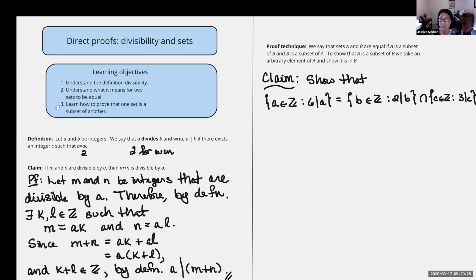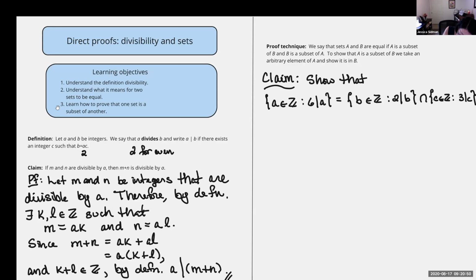And the claim is that the set of integers divisible by 6 is equal to the intersection of two sets, where one is the set of integers divisible by 2, and the other is the set of integers divisible by 3.